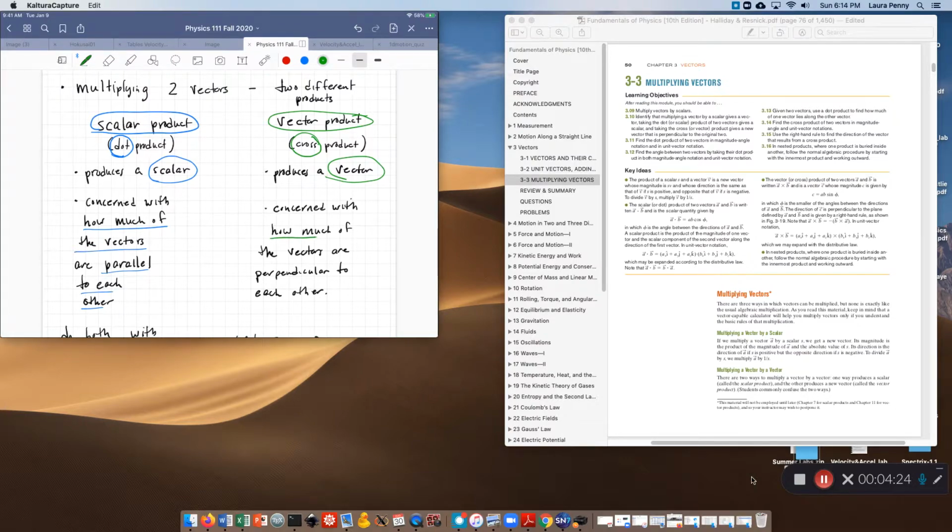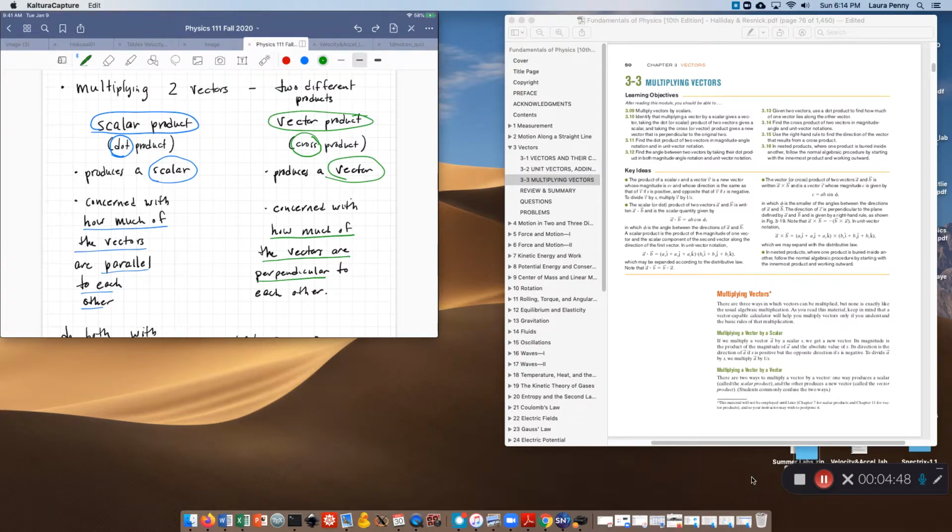It wants to know how much of the vectors are perpendicular to each other. So if the vectors are parallel to each other, say you had a vector and b vector, the vector product of these two would be 0. It only cares about the parts of the vectors which are perpendicular to each other.